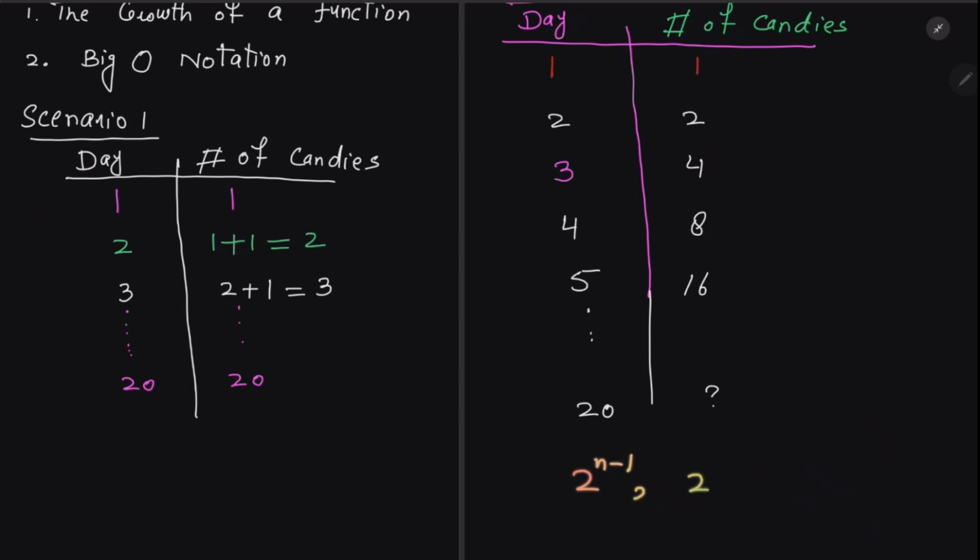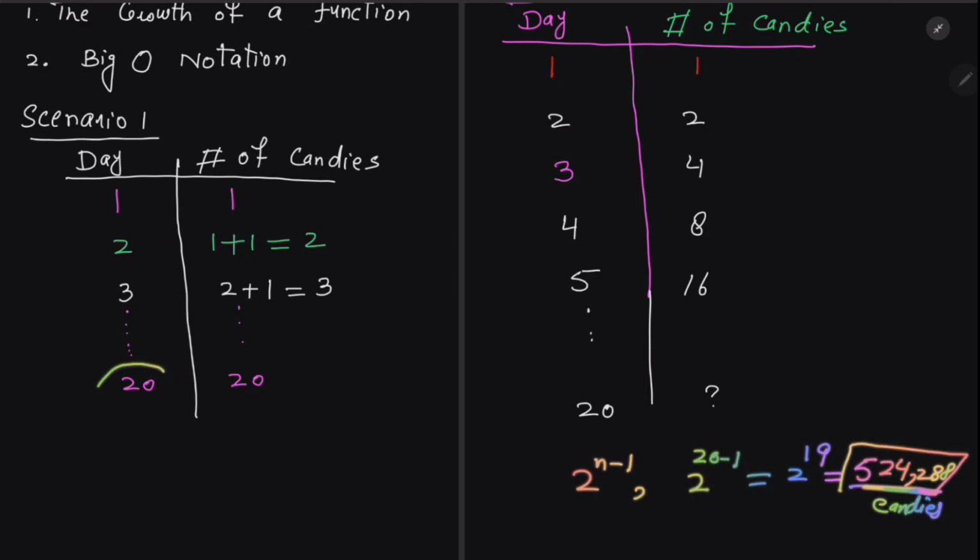So when we put n equal to 20, on day 20, how many candies can we have? 2 raised to power 19, and this is equal to 524,288 candies. These are a large number of candies, around 0.5 million candies.